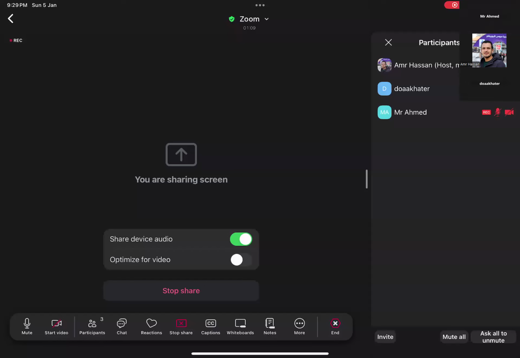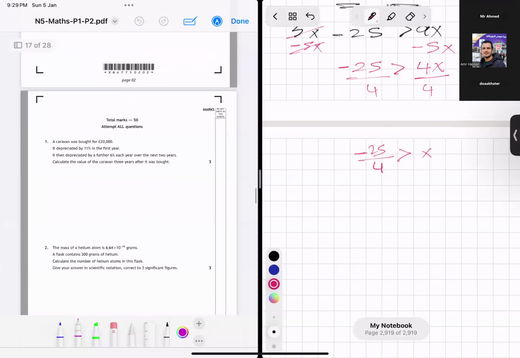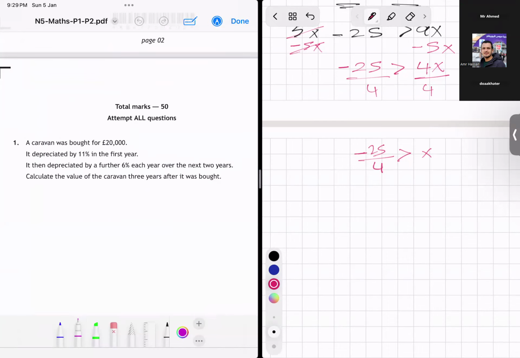Let me move to the other page. Okay. Let me zoom in. Is that clear?